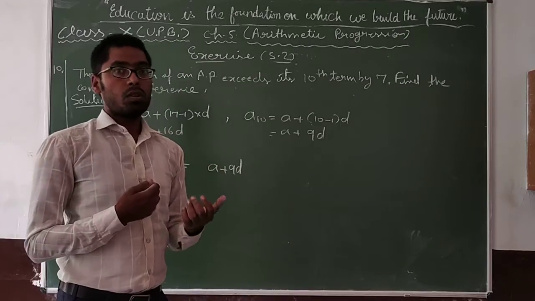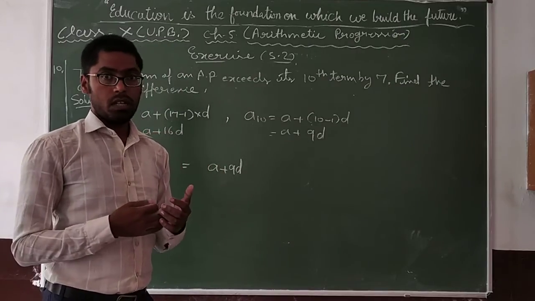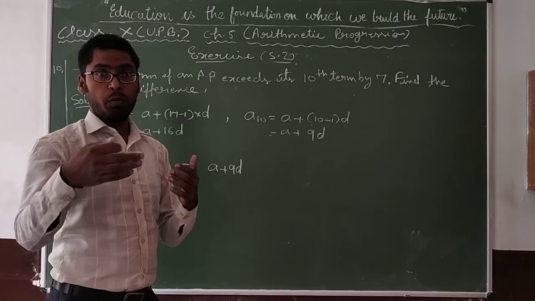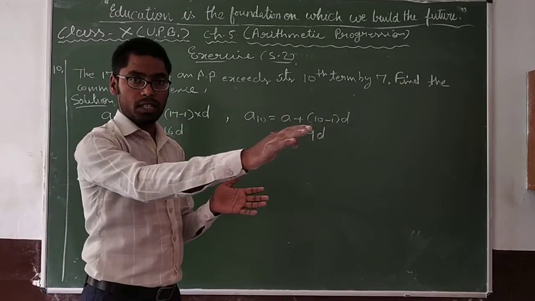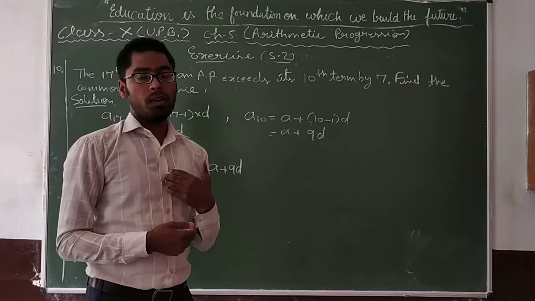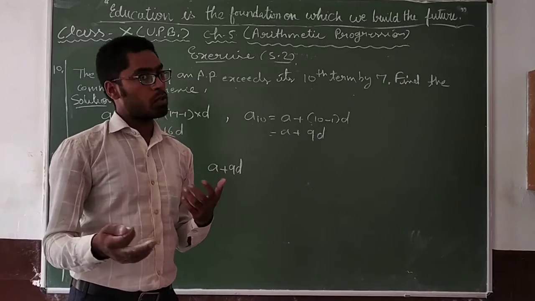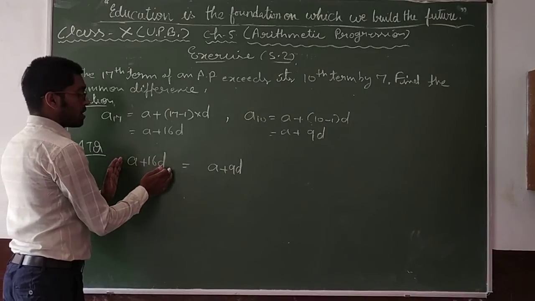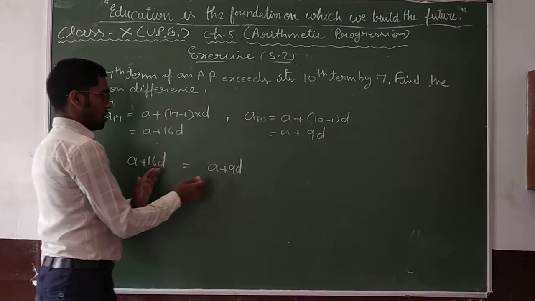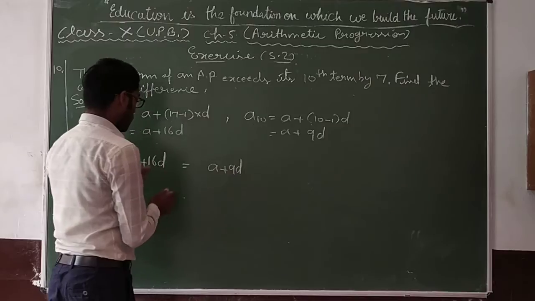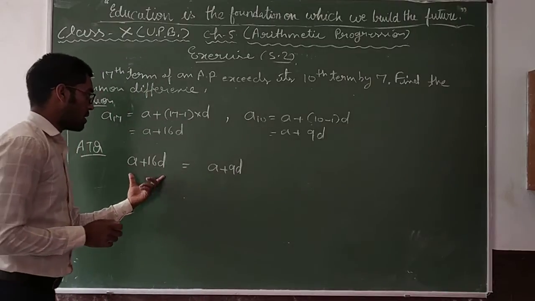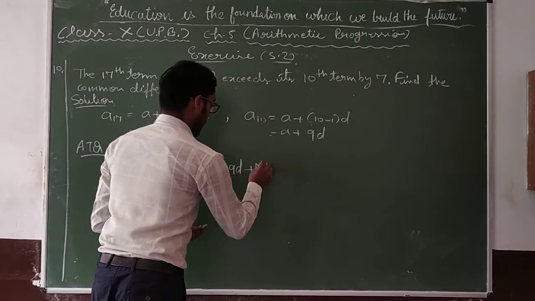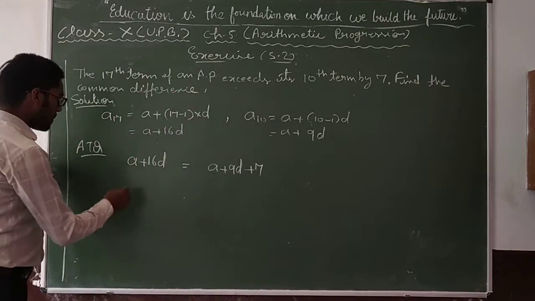To make the toffees equal, either you will throw away your 5 extra toffees, or you will give me 5 toffees. Then the number of toffees will be equal. Here the condition is the same. This term has 7 more than this one. So either you subtract 7 from this, or add 7 to this one. Now calculate it.